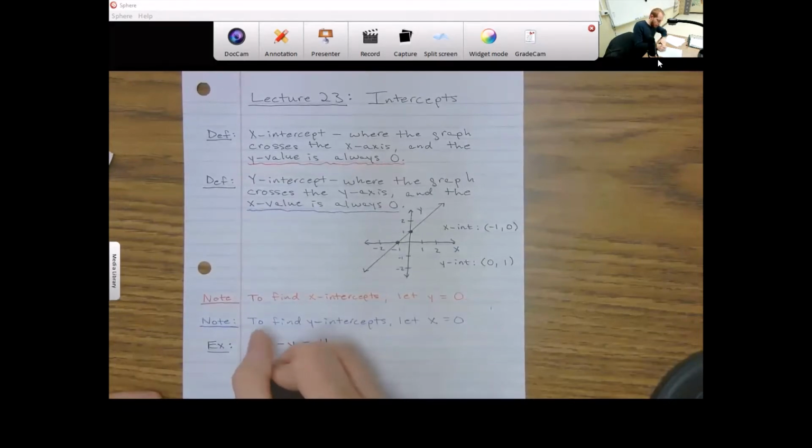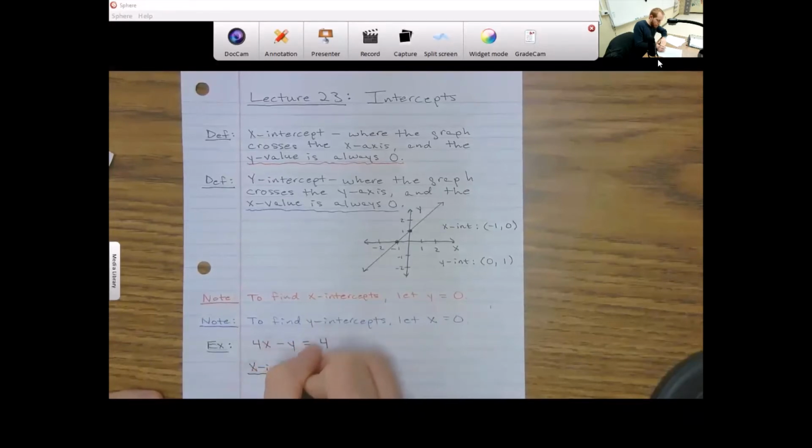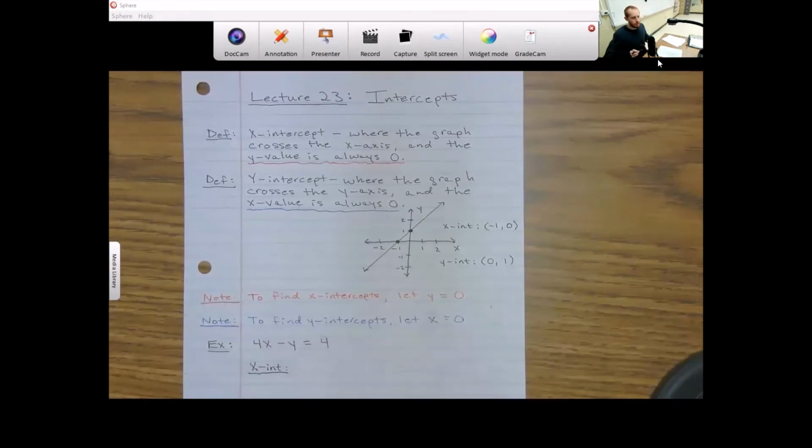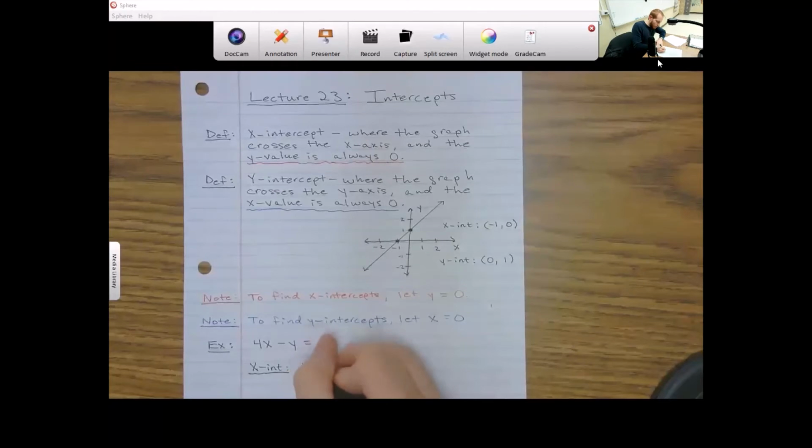So for the x-intercepts, how do we find those? I just wrote it up here, right? We're going to let y be 0. So everywhere I see a y inside the equation, I'm going to let it be 0 and just see what happens, right? So let's let y be 0. I get 4x minus 0 equals 4.